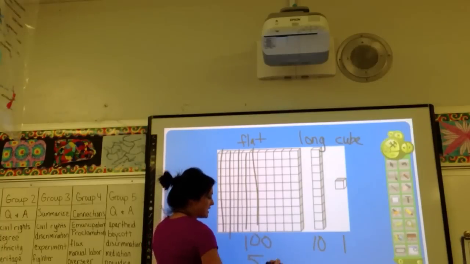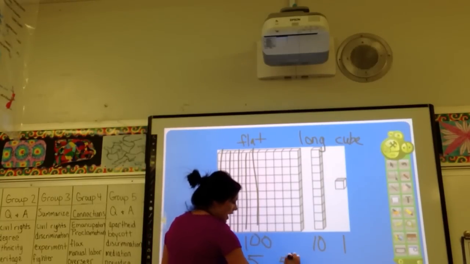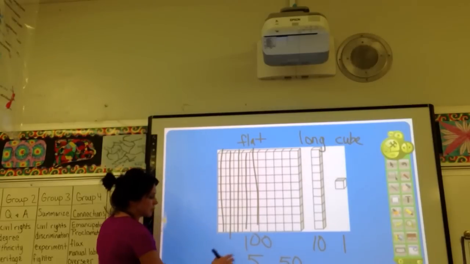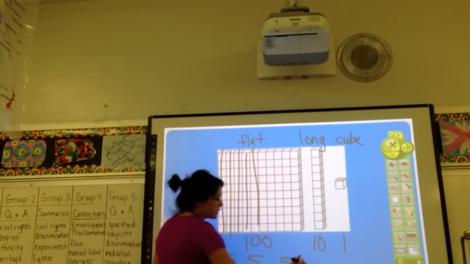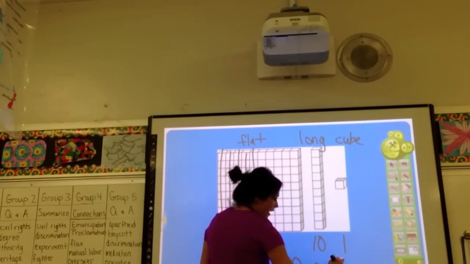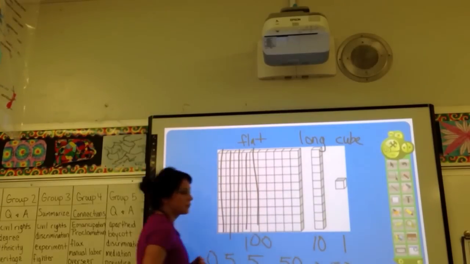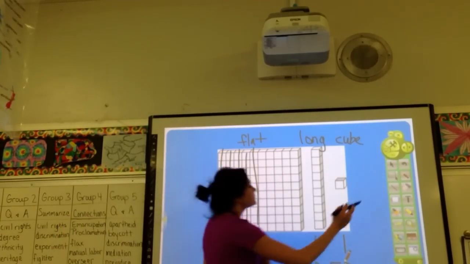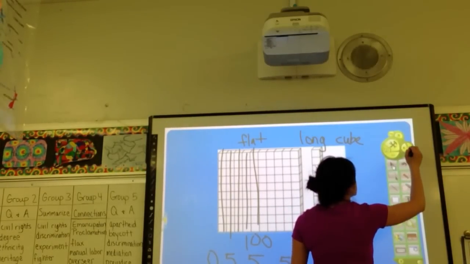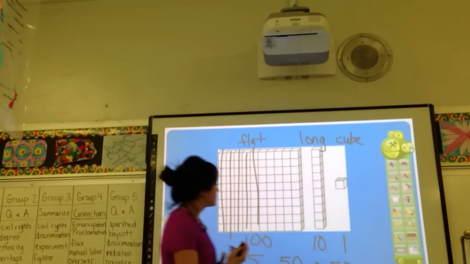So I could write it as 5/10 or 50 hundredths. The only difference in decimals is that 5/10 would be 0.5 and 50 hundredths would be 0.50. Alright, let's move on.